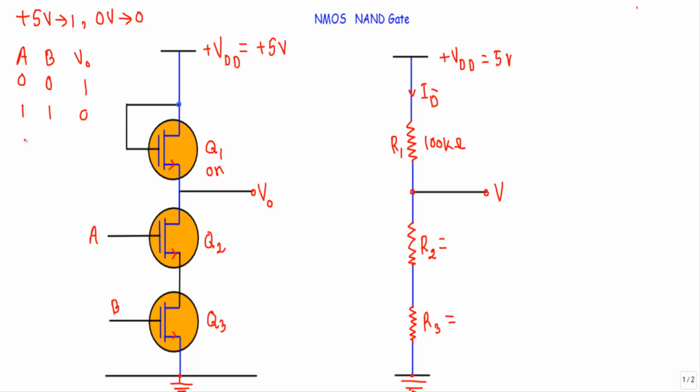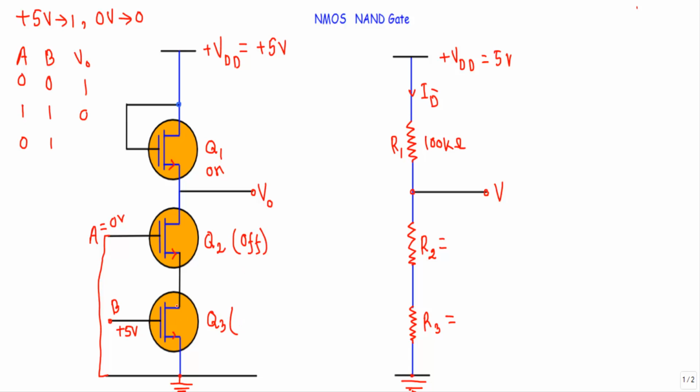Now consider the case when A will be at logic 0. A will be at logic 0, that means I will apply 0 volt here. That means this A terminal will be connected to ground terminal, and B will be at logic 1. That means I will connect a 5 volt voltage source between this terminal to ground terminal. Therefore you will see, as A is at logic 0, it will be in off state.